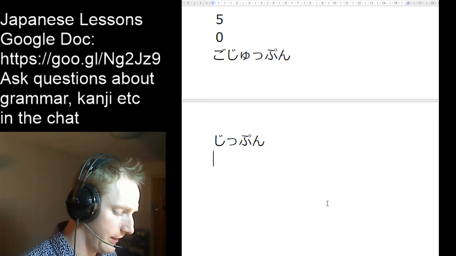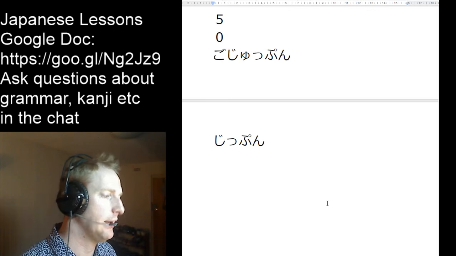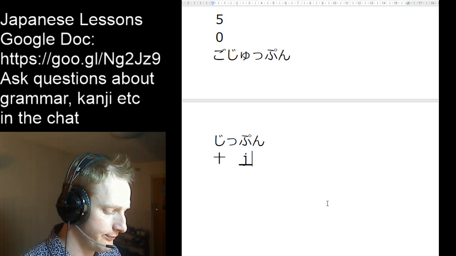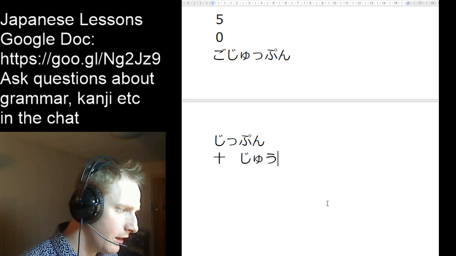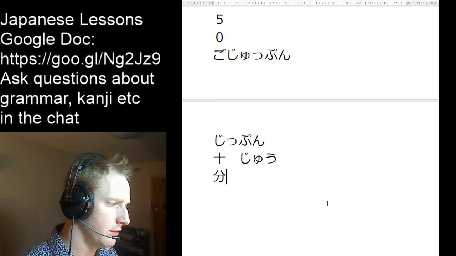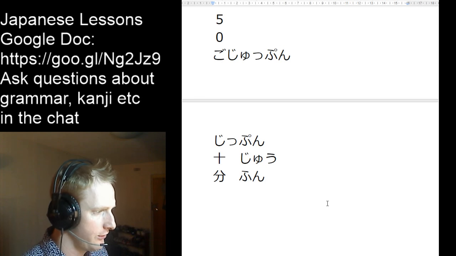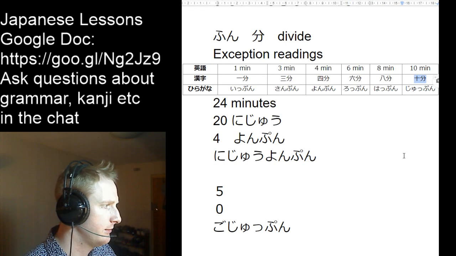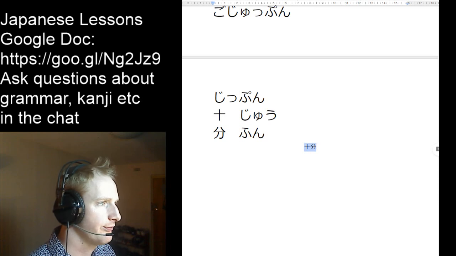Not me, thankfully, but it did a lot of people. So we haven't quite looked at the kanji yet, but the kanji for 10 is this kanji. Okay, 10, it's like a cross. And I showed you before that the kanji for minute is this one, fun. So, for example, we can see up here, 10 minutes would just be written like that. Kind of makes sense.